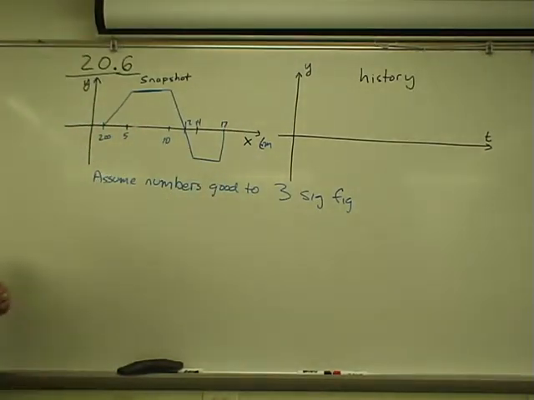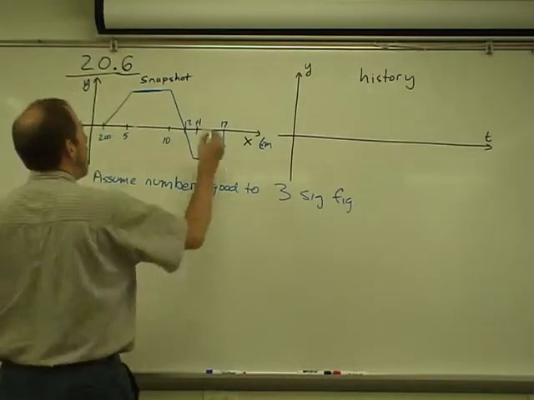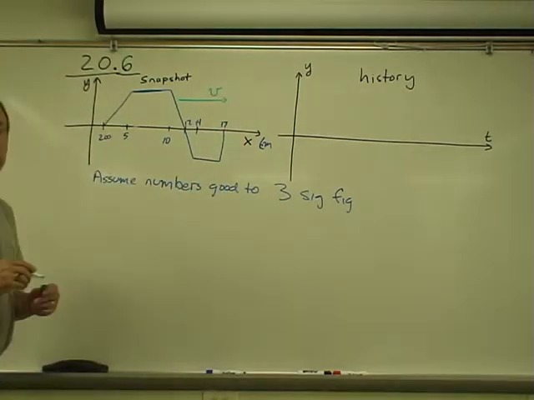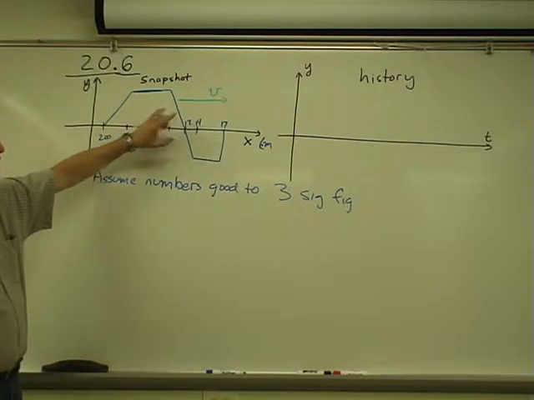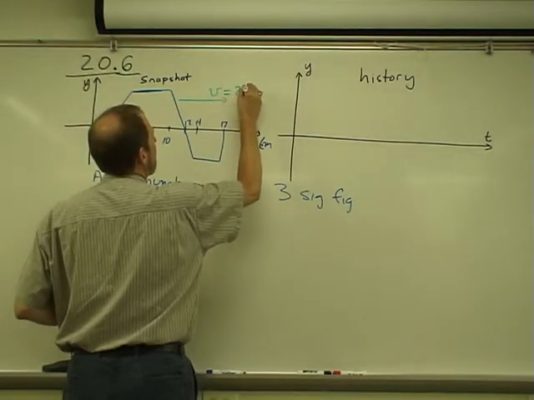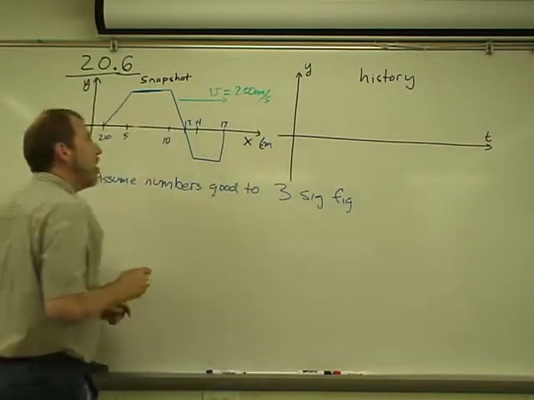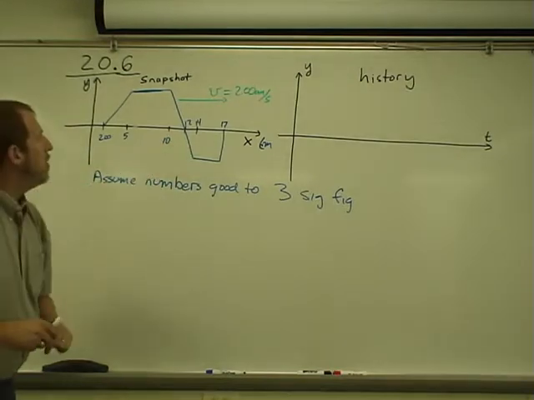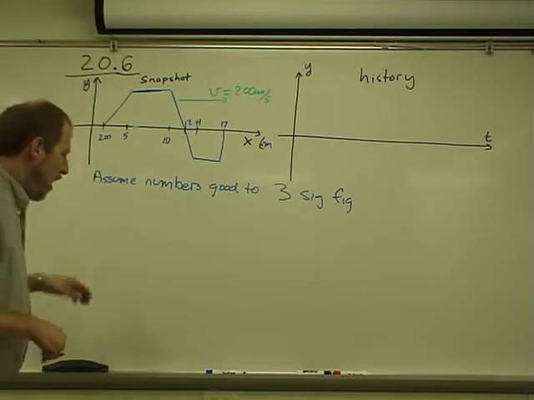And we have a wave that's moving in the plus x direction at a speed of 2 centimeters per second. Now, suppose I want to make a history graph for a particular point.